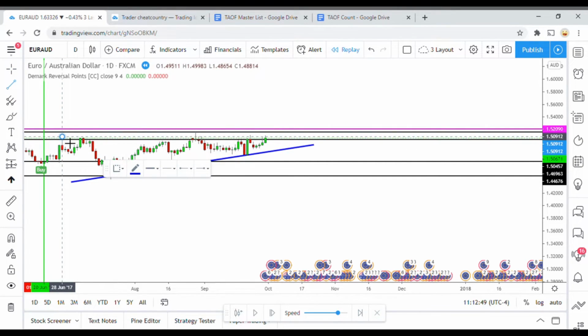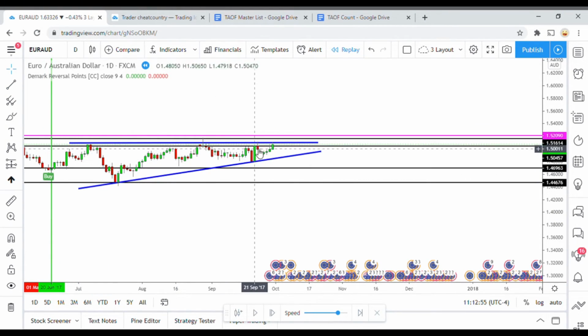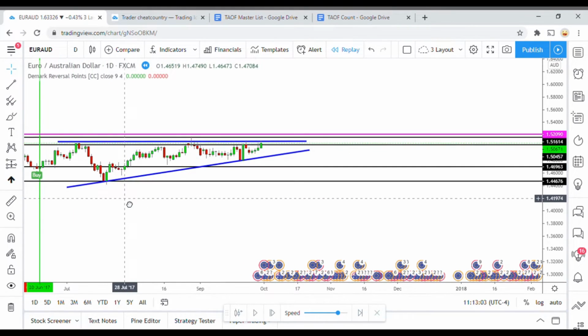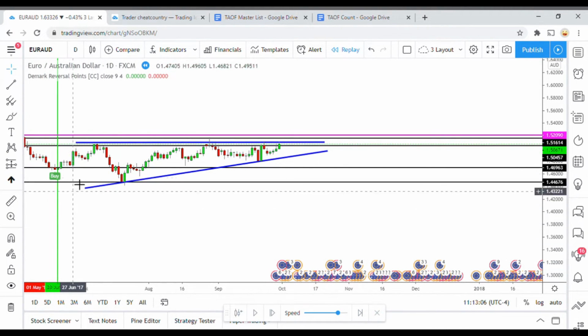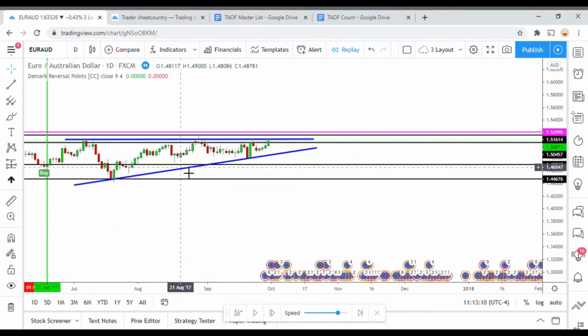Right there and across the top here. And so this is a wedge pattern. Some people call it a pennant. Some people call it, I guess you really wouldn't call it a flag because you need a pole for it to really be a flag.